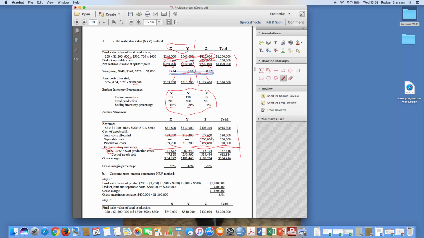Once I have that, I can likewise calculate my gross margin. They're bunching a bunch of things together in here that makes it look a little bit more confusing than what it really is.